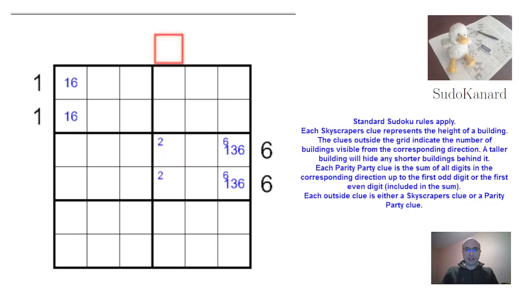So I'm almost tempted to put a 2 here now because I know that this won't be a parity party clue, it will be a skyscraper clue, because a parity party clue would put digit 2 here and is forbidden by this corner pencil mark. So this has to be a skyscraper. And I know basically nothing else about this skyscraper, but I know it doesn't start with a 6, because 6 would be with a clue 1.